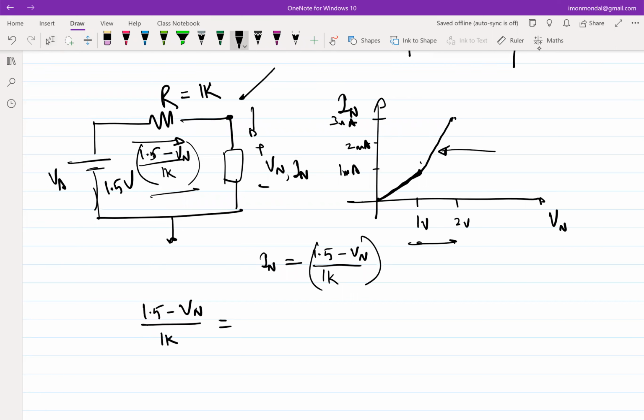Simple, right? So your In will be 1 milliamps plus the slope. What is the slope? The slope is 2 milliamps by 1 volt, that is 2 millisiemens, times Vn minus 1, right?